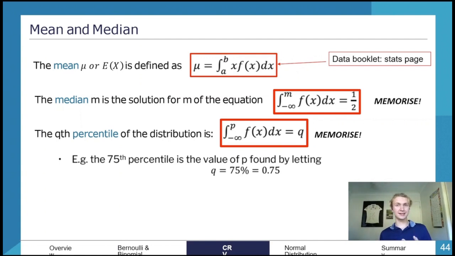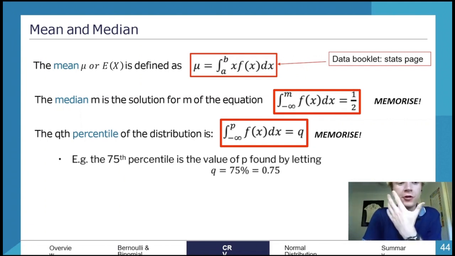This should look fairly familiar. This is for continuous random variables. This is what I was talking about before when I said this is how we calculate the mean. This formula is once again stated here. We're now reinforcing it on this slide.